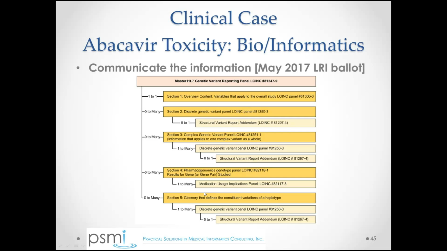It addresses the use case where the genotype affects the pharmacokinetics. There's a use case where the genotype affects the drug efficacy. And then the third use case is where the genotype affects your risk for an adverse reaction.